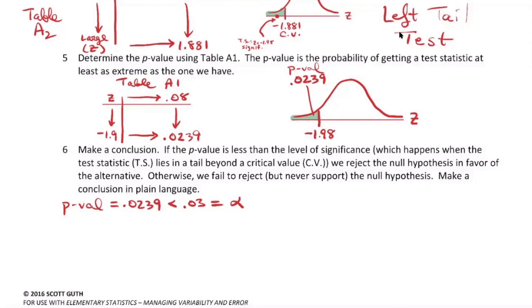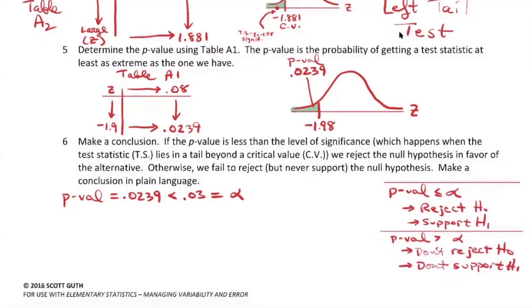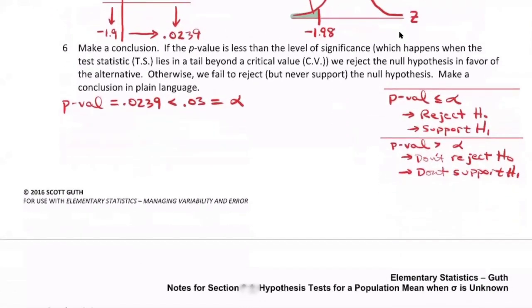And I wonder if I can still paste that last thing I did. Yep. So those are the criteria for making a decision. If p-value is less than alpha, you reject the null hypothesis and support the alternative. So here we're rejecting the claim that the mean body temperature is 98.6 when you're on Tylenol.